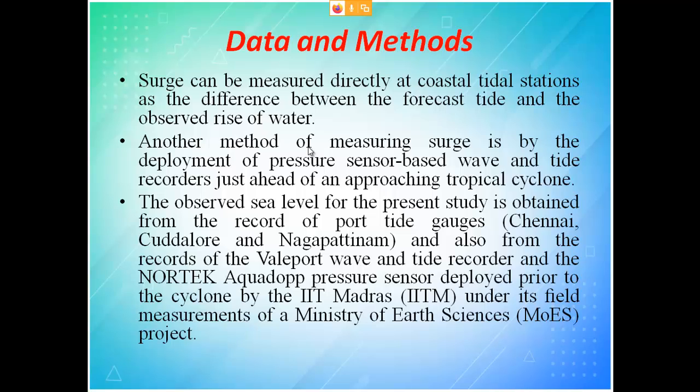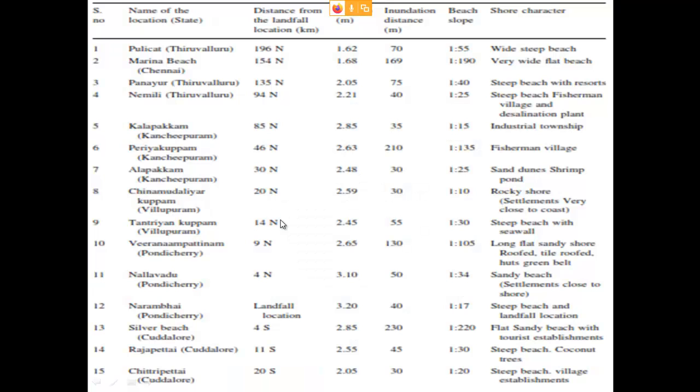Above all this, IIT Madras has kept measuring tide gauges in many places. That tide gauge was very helpful during this Thane Puyal. Okay, so that helped them a lot in acquiring the data. So the first thing was getting the data.